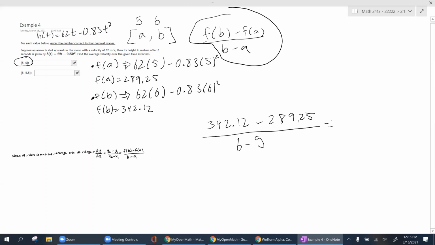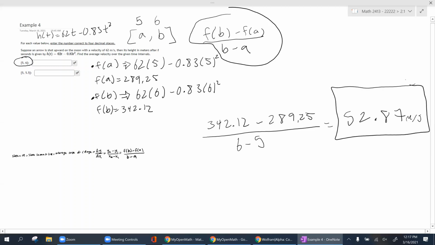This is divided by 1. My answer here would be 52.87. And I'm dealing with velocity here, so this is going to be meters per second. Units are important. 52.87.